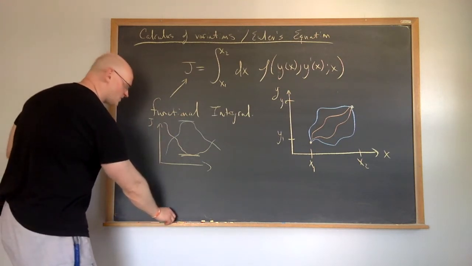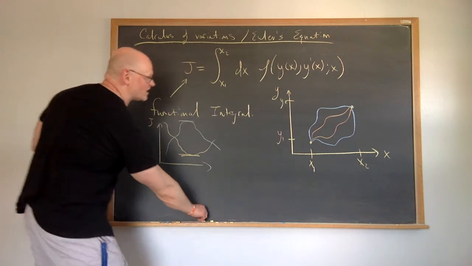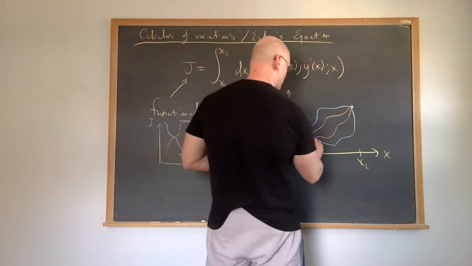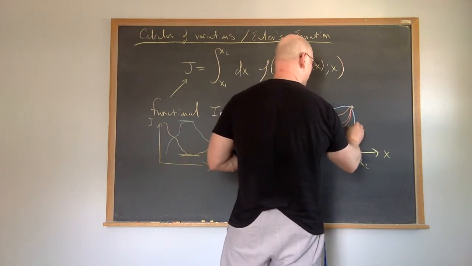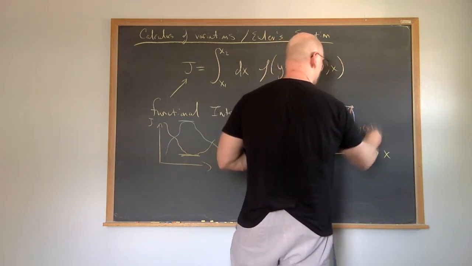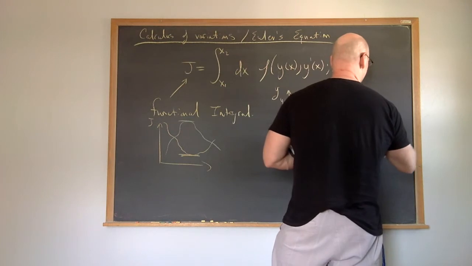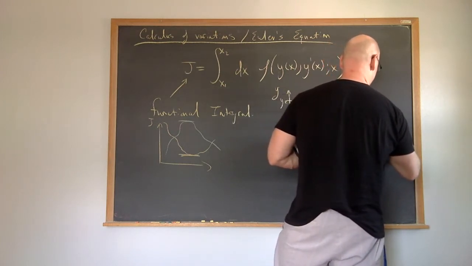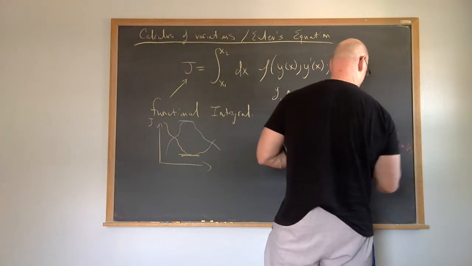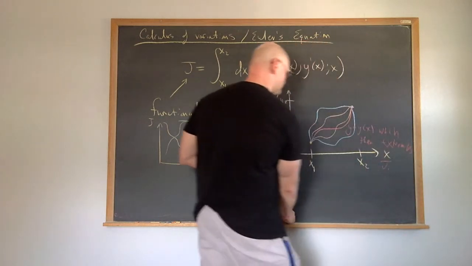It might look something like this. So this is the path y, which is equal to y as a function of x, which extremizes the integral of J. Okay?